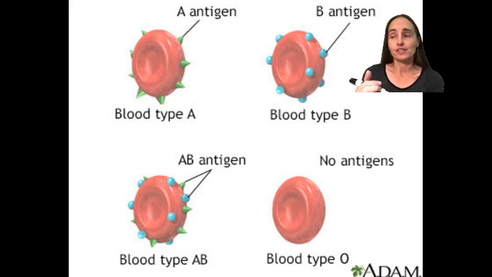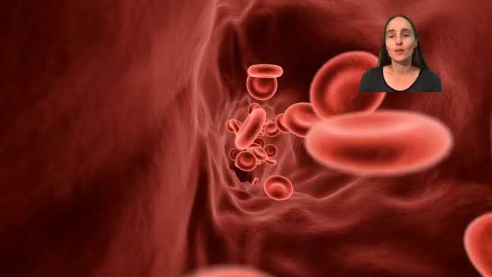It just is what it is. Some people have an A antigen, a particular class of antigens. Some people have a B antigen. Some have A and B together, and some have no antigen at all, like just little bald cells. Those are the different phenotypes of the blood cells.